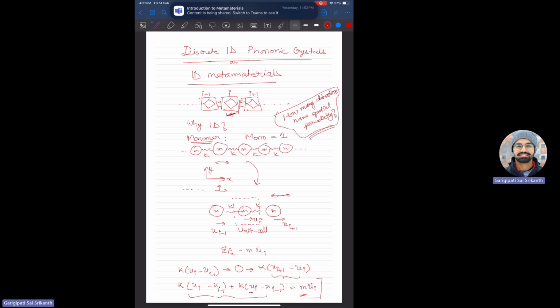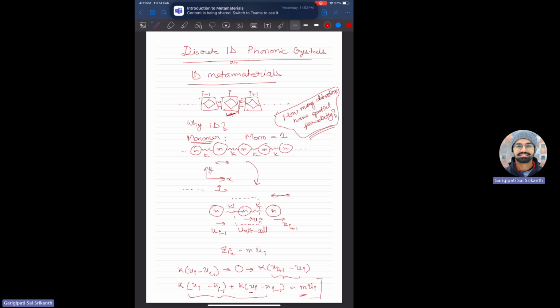So this is the unit cell. It's connected to the adjacent unit cells. Now, we want to know how a wave will propagate.